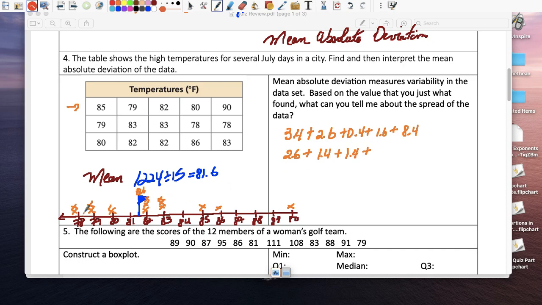And then 78, you're 1, 2, 3, 3.6. 3.6 again. 80 to 81.6 is 1.6. 82, you're 0.4 away. 82 again, you're 0.4 away. 86, let's see, 1, 2, 3, 4.4, not 4.6.